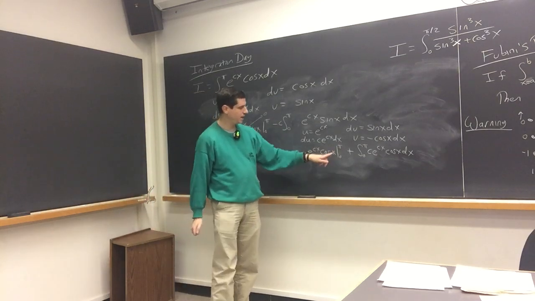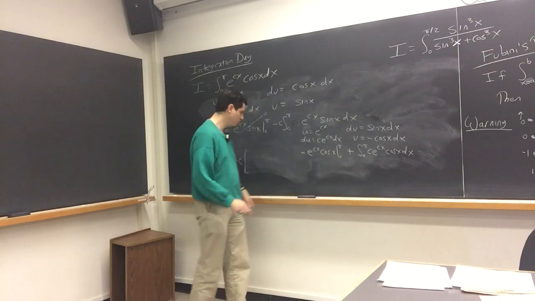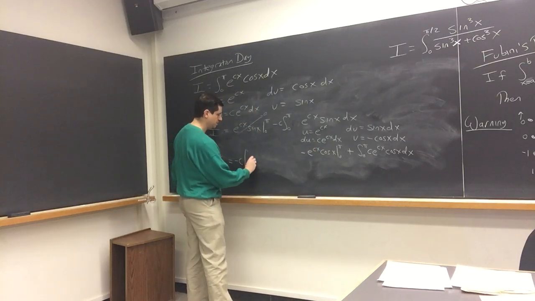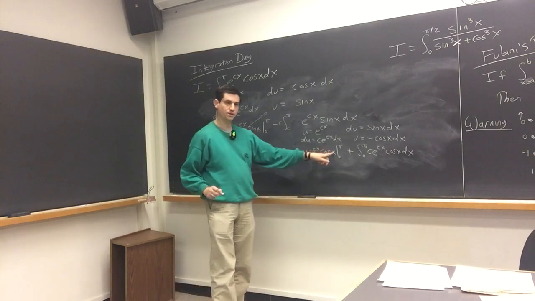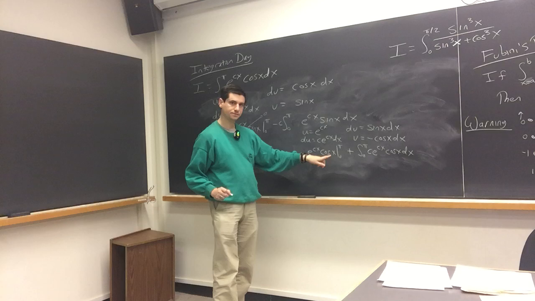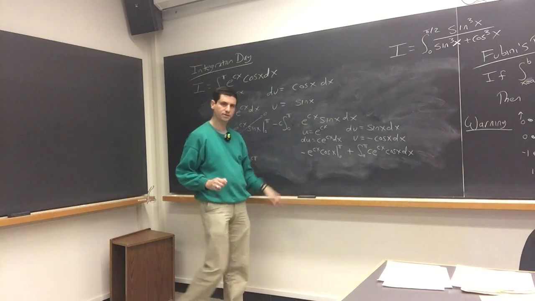Now when I put in pi, I get cosine of pi is negative 1, so negative times negative is positive 1, so I should get e to the c pi. And then when I put in 0, I'll get 1. But then it's a negative 1 because I'm subtracting it and another negative 1 here.